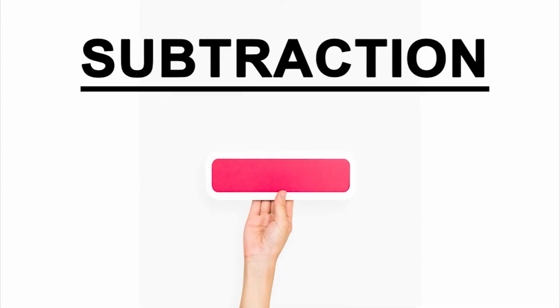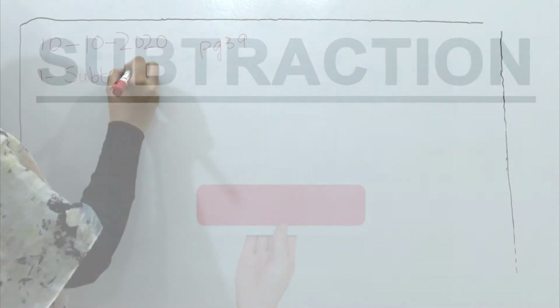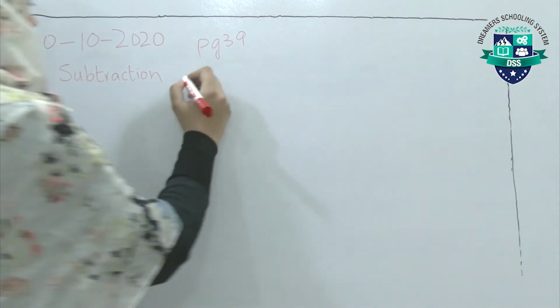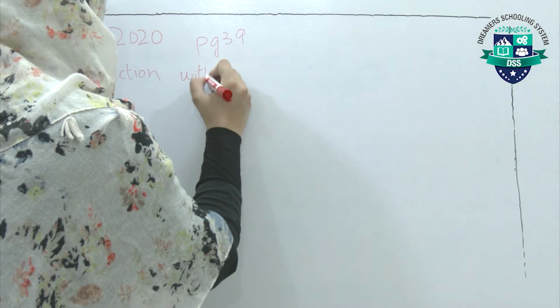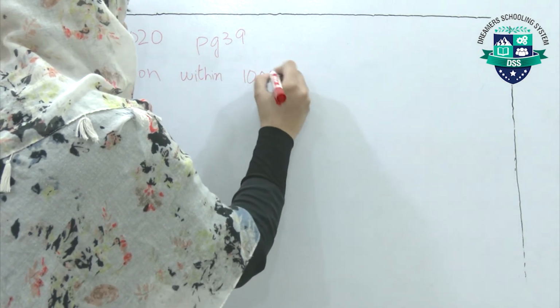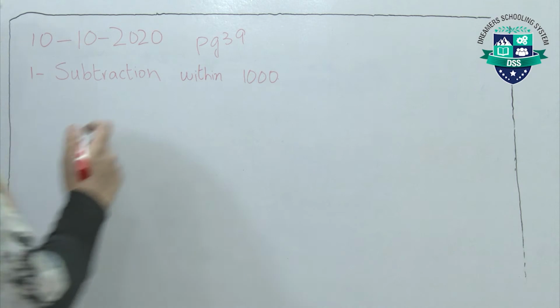Now we will do subtraction within thousands. You remember ones, hundreds, and thousands. Today our lecture is very interesting. So let's start.